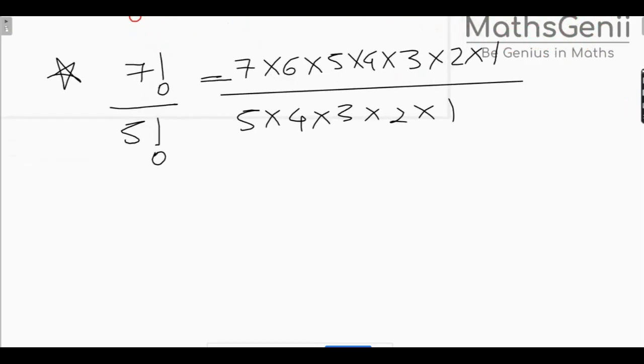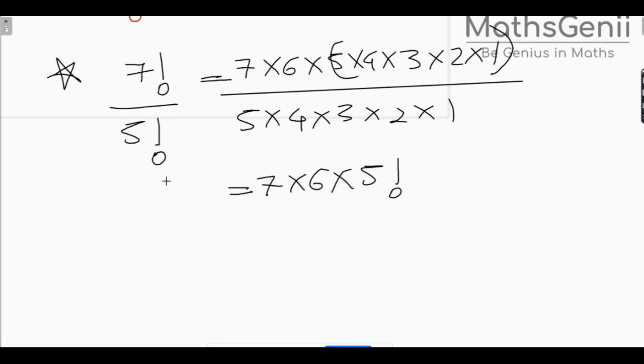But to solve it faster, you don't write everything. How I'm writing this, look at this carefully. 7 into 6 into, instead of all this, can I write just 5 factorial? Of course I can. 5 factorial is nothing but 5 into 4 into 3 into 2 into 1.